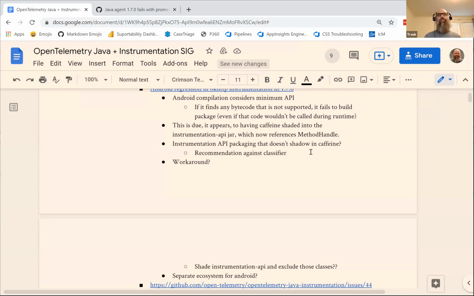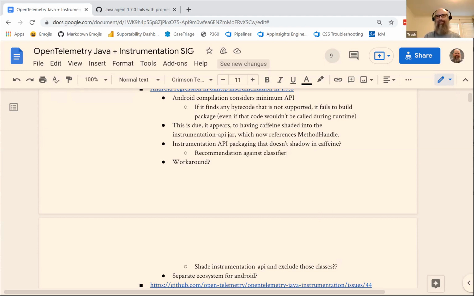Caffeine 3 requires Java 11, but supports, there was some weird problem we had with caffeine 2, where I don't remember why, but the J-linked modules where people excluded JDK unsupported. Oh, I think because it didn't have unsafe, and caffeine 2 relied on something in the JDK unsupported module. Yes, it was unsafe.